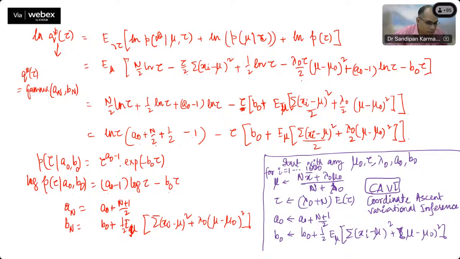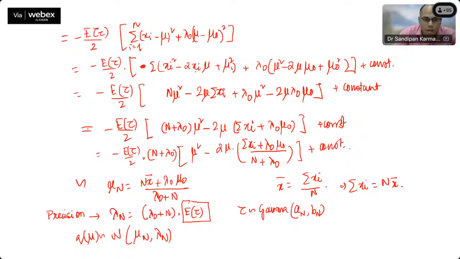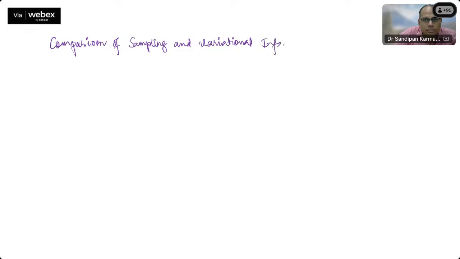So let me write down the comparison of sampling and variational inference, sampling and VI.